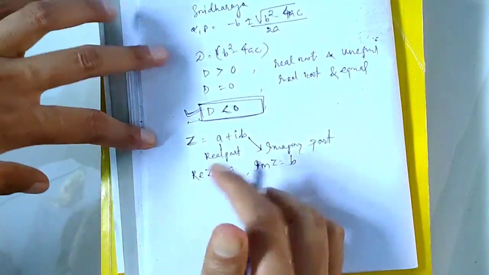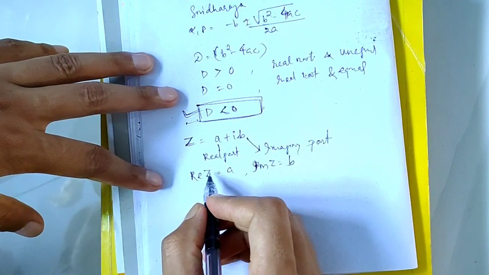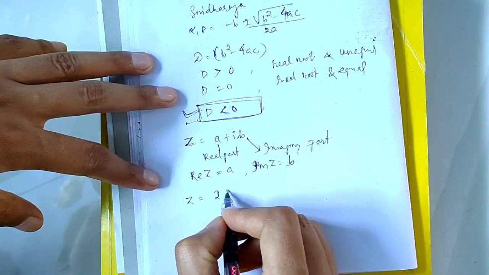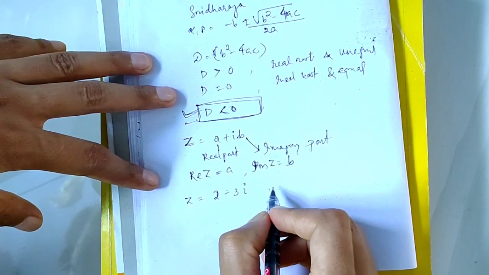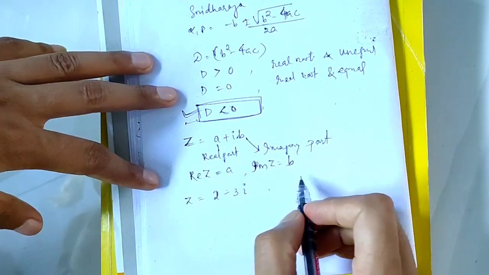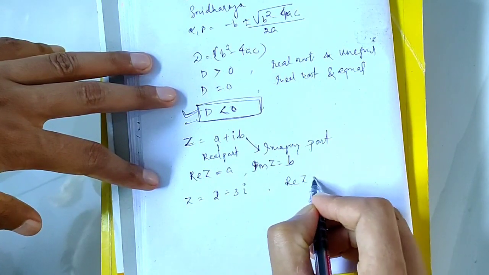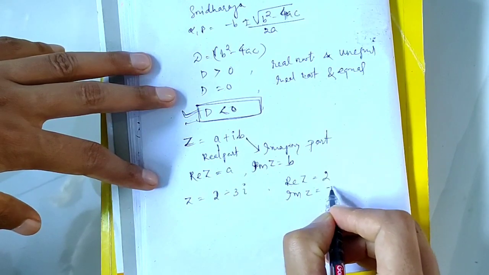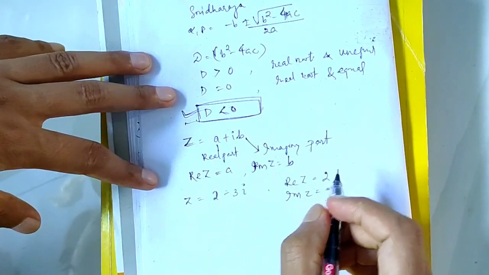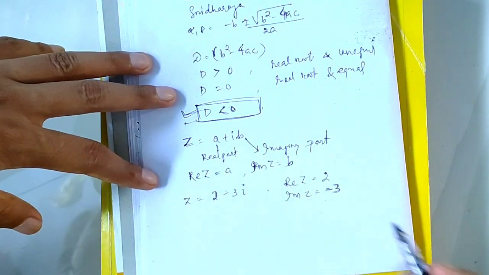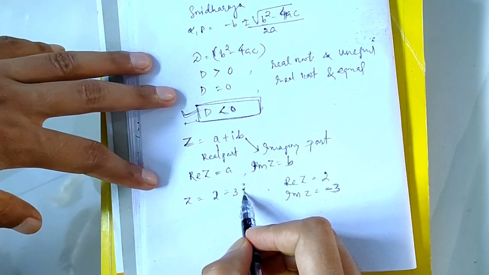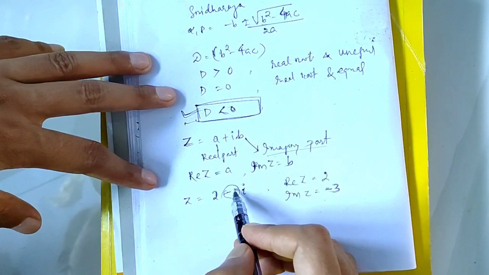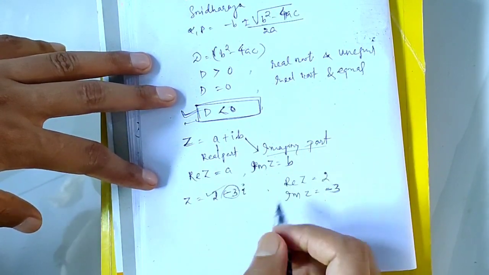Let me give you an example so that it will be clear. z equal to 2 minus 3i. What is the real part of z here? Re of z equal to 2 and Im of z equal to minus 3. Basically, the coefficient of iota is the imaginary part, and this one is the real part.